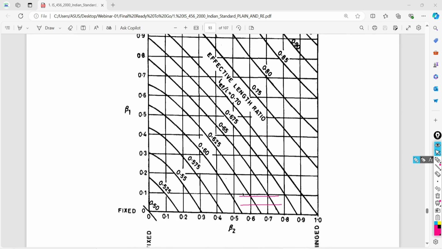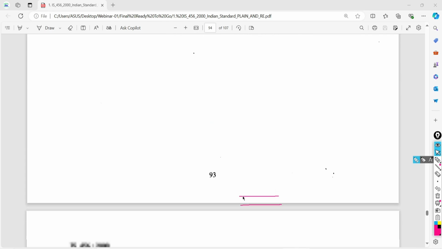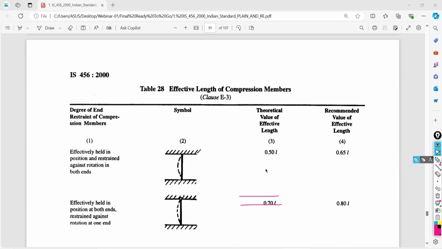So in general cases, in normal usage, if you follow this table to find the effective length as the theoretical value, that is fine. But if you are planning for real projects, it is not the correct approach to consider your effective length.